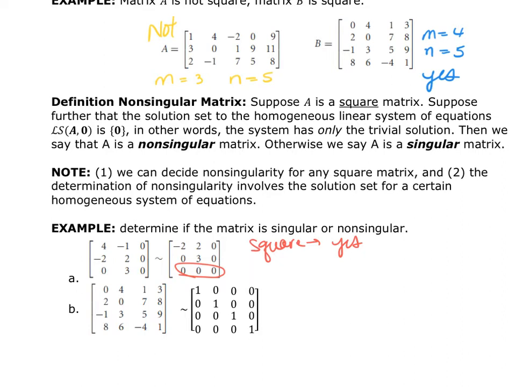I'd actually solve this by putting it in reduced row echelon form, but what I do know just by looking at it is that for A, the free variable will be x sub 3. And the fact that I have a free variable says to me it is a non-trivial solution, which means this is a singular matrix.